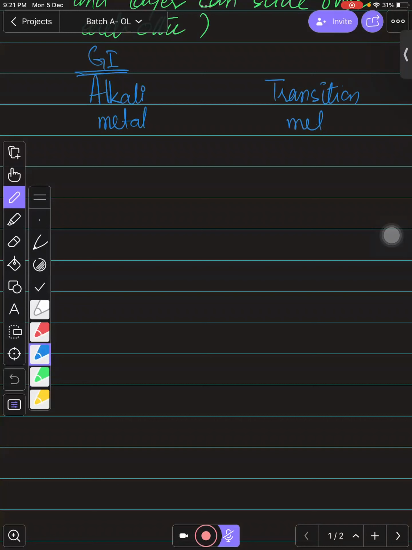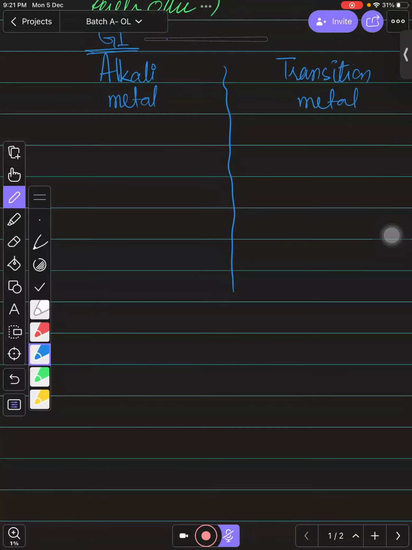So you need to remember a difference between these two, right? A few physical properties between these two you need to remember. Alkali metals are soft metals, right?